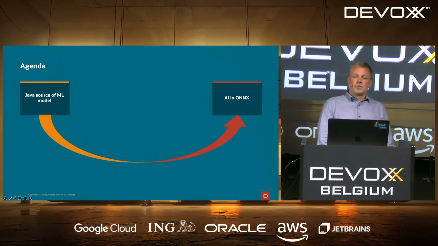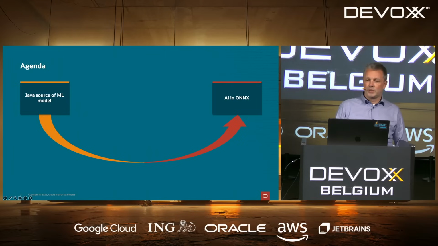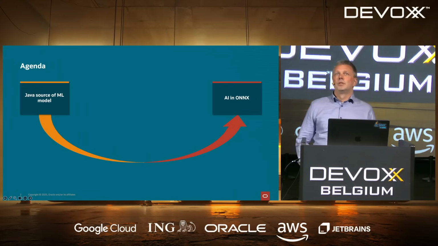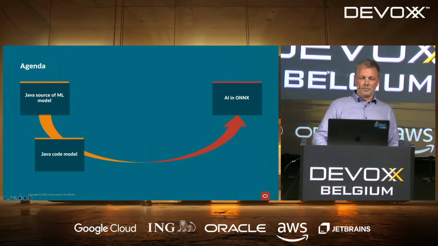One of the goals was to try to go as far as we can with Project Babylon, to see if you can go from Java sources up to a running AI model, and that's exactly on today's agenda. So we will go step by step. I would like you to understand how this proceeds. There is no magic behind that.